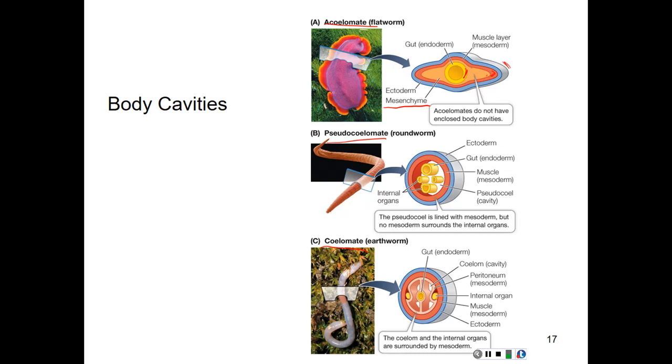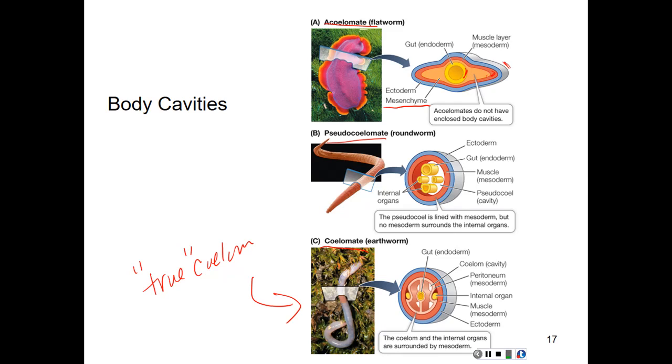So then we have pseudocoelomate and coelomate. If you are coelomate, we would say you have a true coelom, which is kind of a funny way to say it, because it's not like a pseudocoelomate animal doesn't have a body cavity. It does. The derivation of that body cavity is a little different in each of these organisms. In the coelomate animal, something like an earthworm, the body cavity is formed from a mesodermal tissue layer that lines the ectoderm and the endoderm.